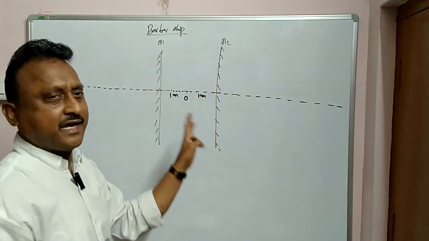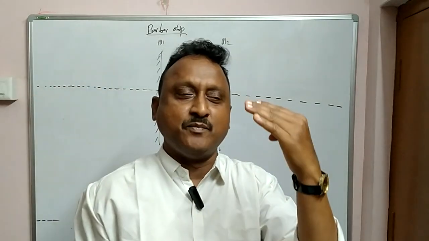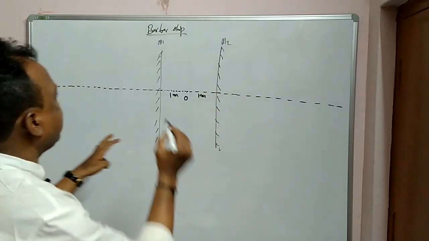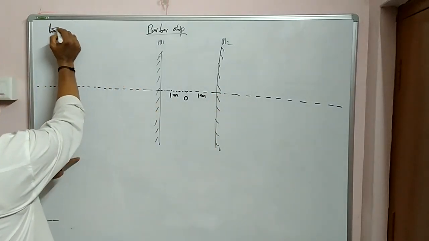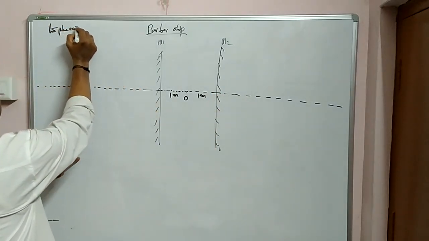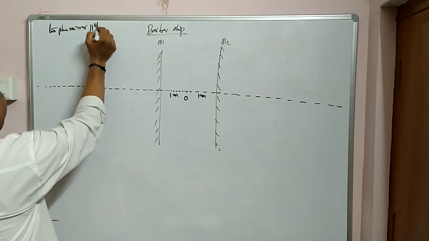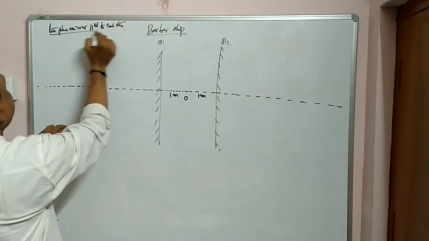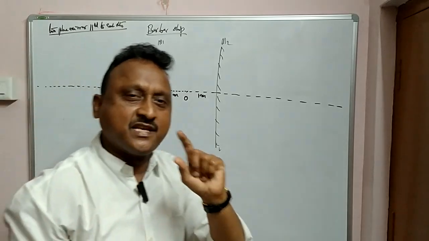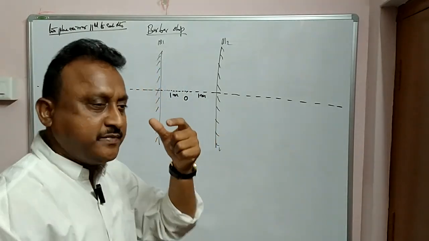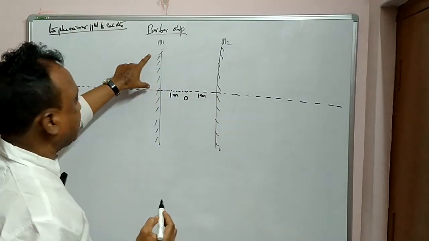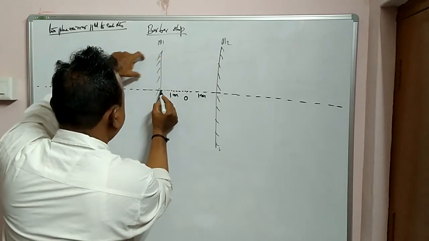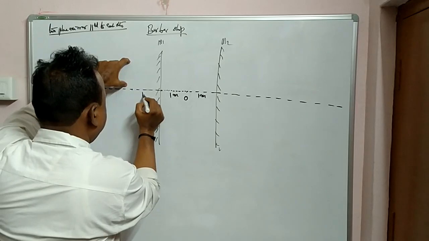Now I will try to explain how the number of images is formed because of two plane mirrors parallel to each other. I already told you the properties of a plane mirror: the image distance equals the object distance, and the image is virtual. So for the first mirror the object is at 1 meter, so exactly 1 meter behind it the image will form.